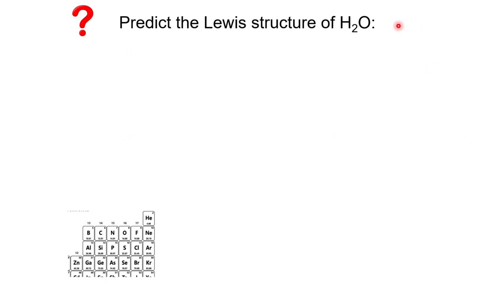Let's practice by predicting the structure of H2O. With H, each of them has only 1 valence electron. Oxygen has 6. So this electron can form a bond between this hydrogen and this oxygen, and this electron will form a bond between this hydrogen and the same oxygen atom, showing that the hydrogens each have 2 and the oxygen has 8.